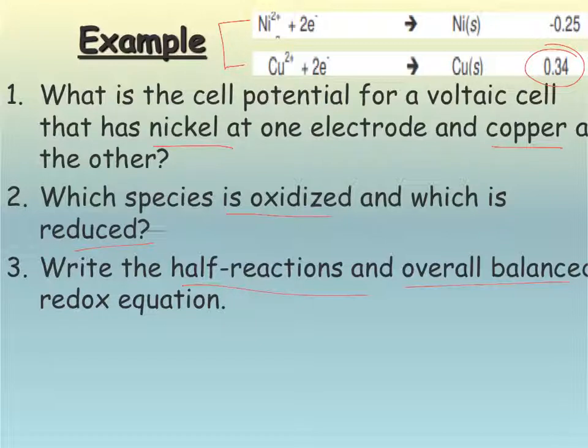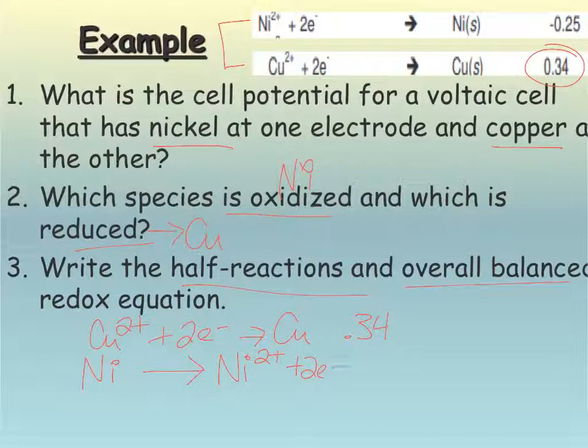So copper is definitely going to be our reduced species, and nickel is definitely going to be our oxidized species. We take our copper equation as is because it is being reduced and its value remains the same. Then we take our nickel equation and flip it so that we get oxidation out of it, and then we have to flip the sign. So it goes from negative 0.25 to positive 0.25.